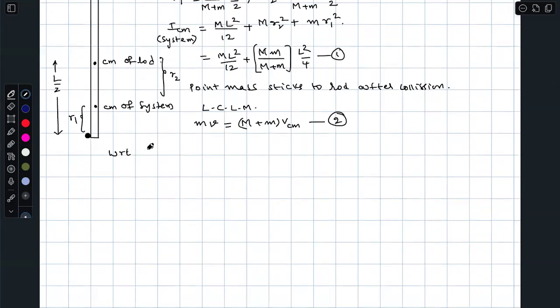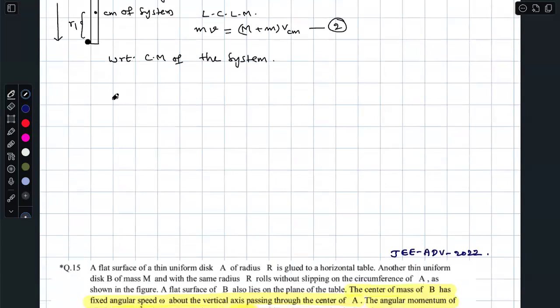With respect to center of mass of the system. Agreed? I am writing the system now in the reference frame of center of mass. Here lies center of mass of the system. Now see, try to please understand, just before collision, let this be point P. Let A stand for center of the rod.